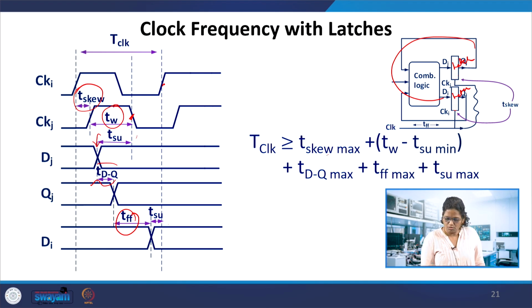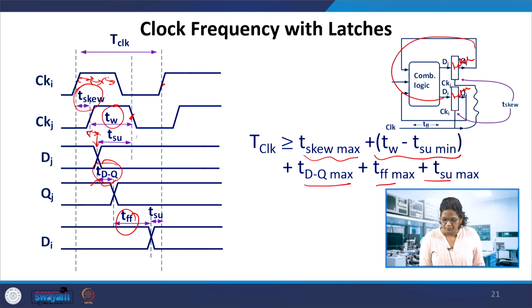So skew, which is over here, plus the TW minus this setup time, that is the minimum over this time, which is mentioned here, and then the D to Q delay, and then TFF, and then the setup time applicable to the next latch.